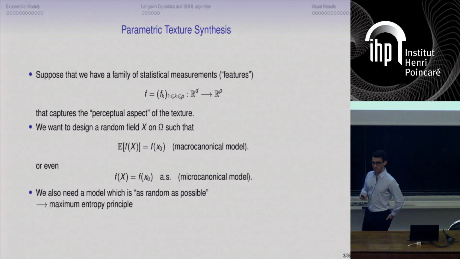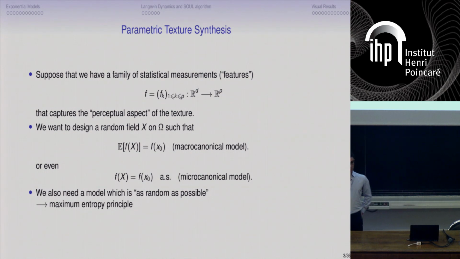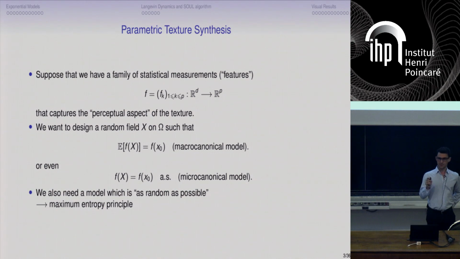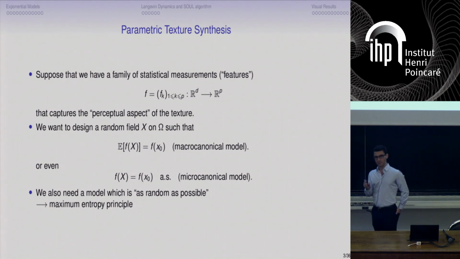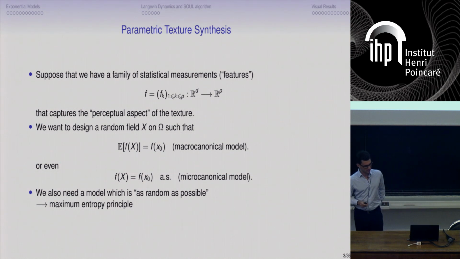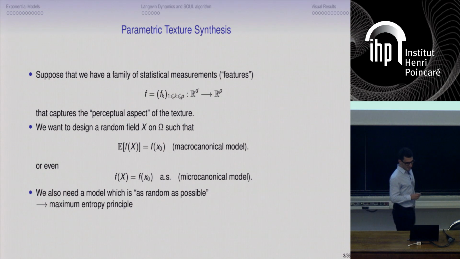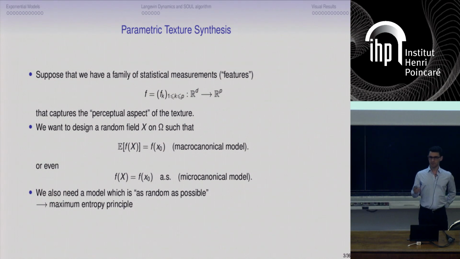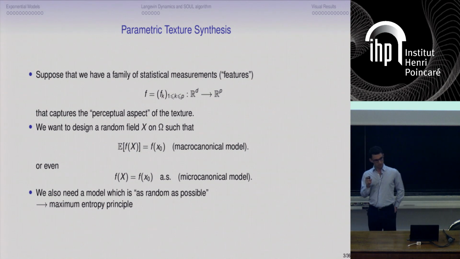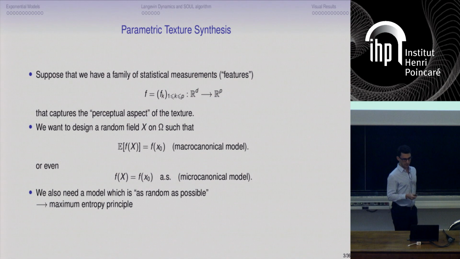Of course, it's in itself a difficult goal to find a minimal set of statistics that precisely reflects the human perception of texture. But in this talk, we will assume that we have one set of statistics which is fixed. Once you have fixed a set of statistics, you can formulate texture synthesis by saying that you look for a random field x which preserves those statistics.